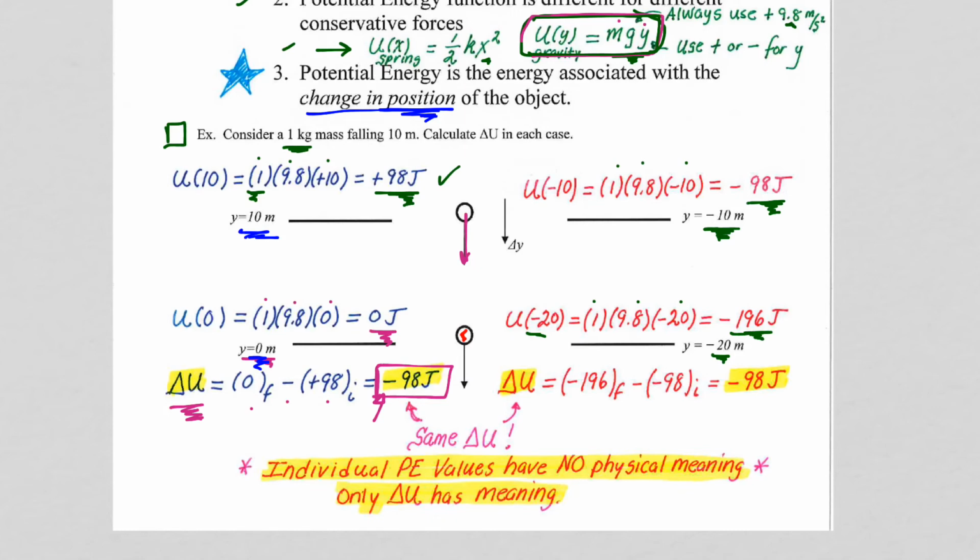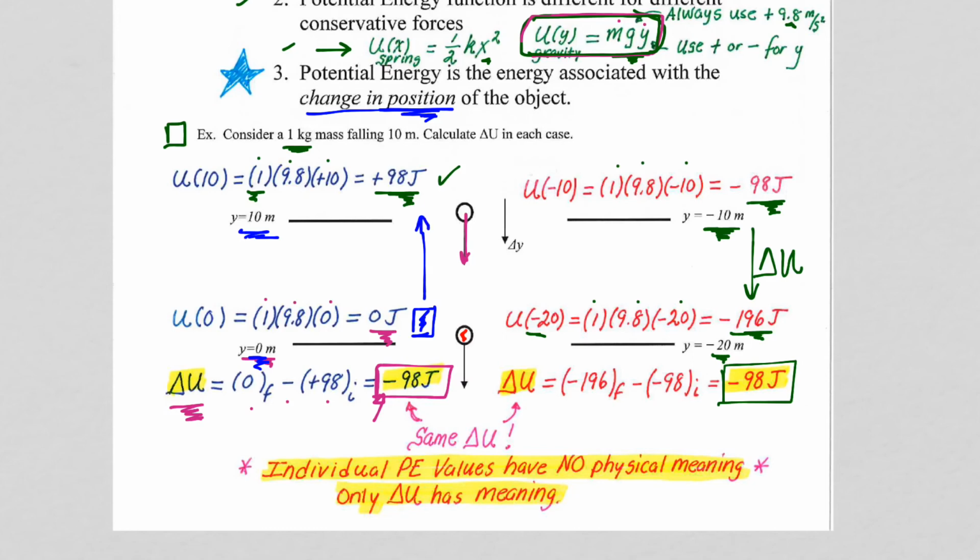But notice the change in potential energy. The delta y, as we went down, remains the same. That's negative 98 joules. So while the individual joule values have no physical meaning, meaning that if you told me I have 0 joules of potential energy, what does that mean? Well, I can't tell you what it means. It just means you're telling me you have 0 joules of potential energy. What I need to know is, is there going to be a change in potential energy by going up?